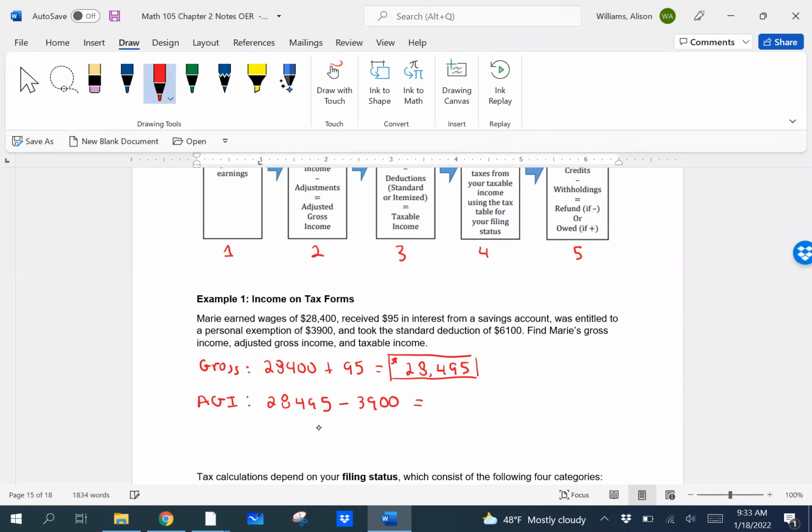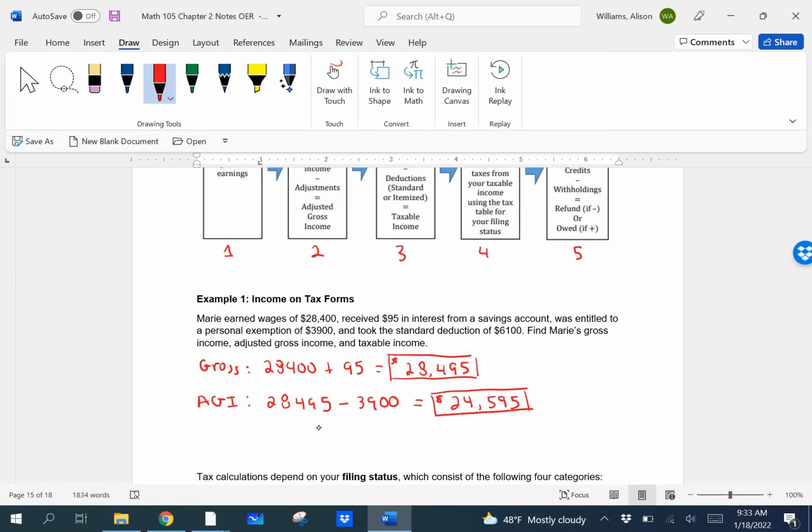All right, so that's going to give us, and I pre-calculated this, so you may want to grab your calculator at this point to do these calculations with me, $24,595. And that's her adjusted gross income.